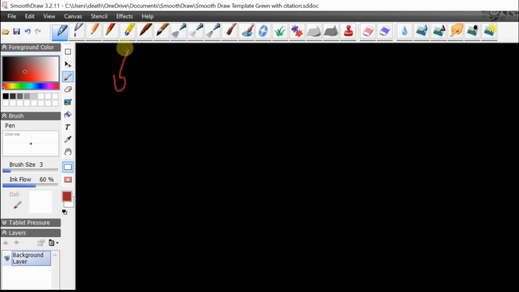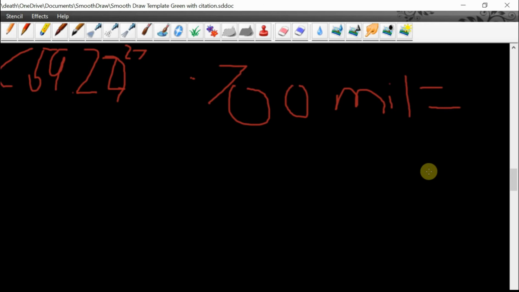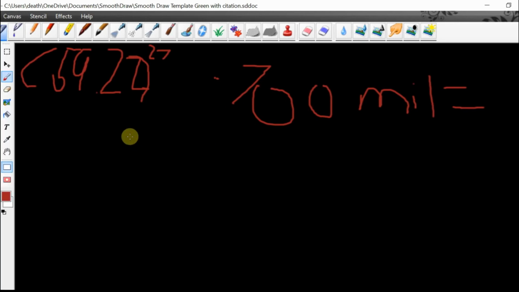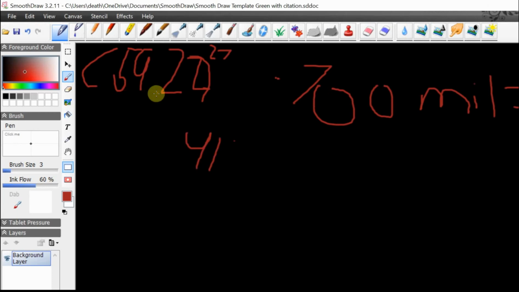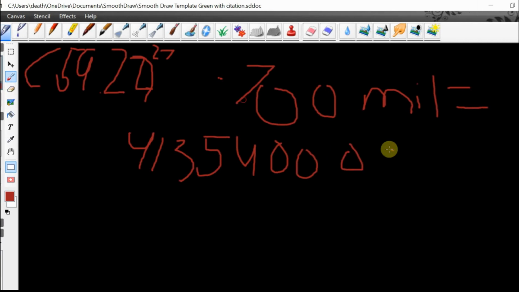So, we just need to do 59.22 to the 27th power, and then multiply that number by 700 million years. And that equals out to be, let me see right here, where is it? Aha! About 413,54, followed by, let's see here, 32 zeros. 1, 2, 3, 4.